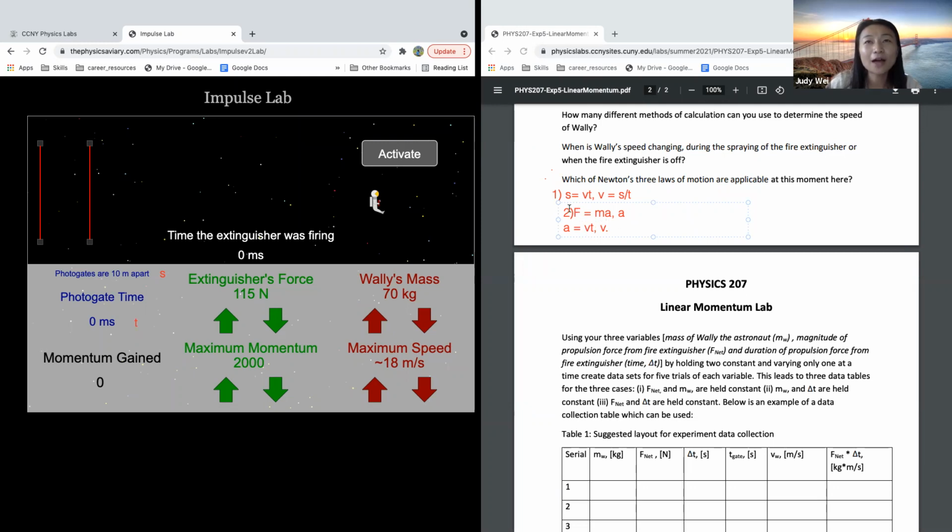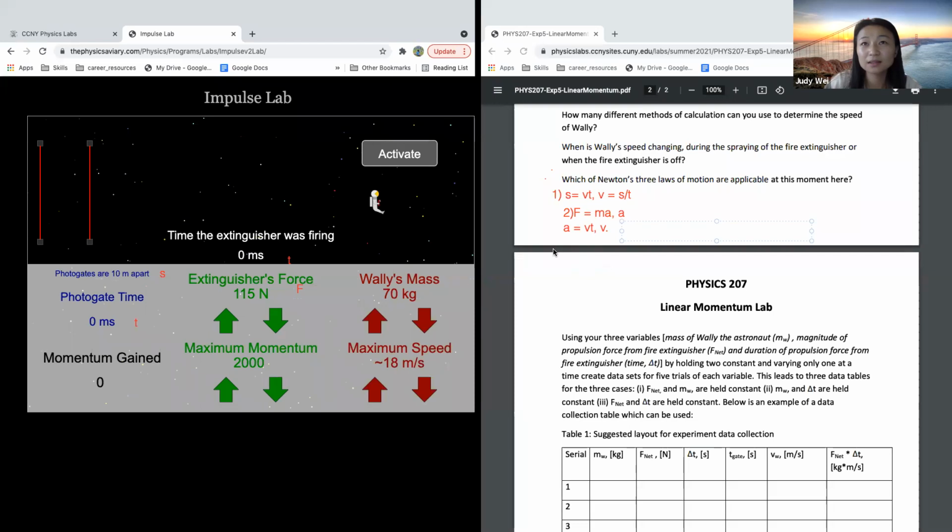Because we know F, the fire extinguisher's force, and we know the mass, we can calculate a, and a equal to v over t. The time the extinguisher starts firing is recorded here. I cannot see T1, but this is t. And so we can calculate the speed.